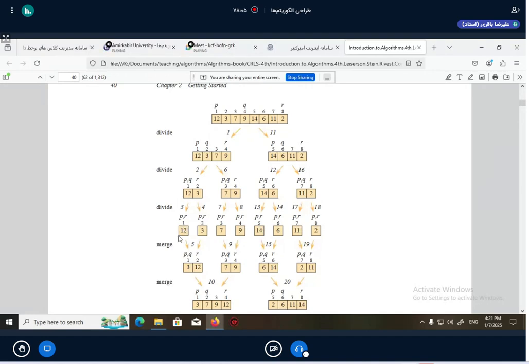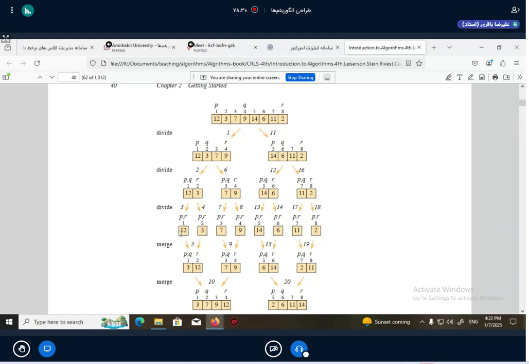So we just return 12 as the result of sorting. Then the second part that has the number 3, the function returns 3 as the result of sorting.